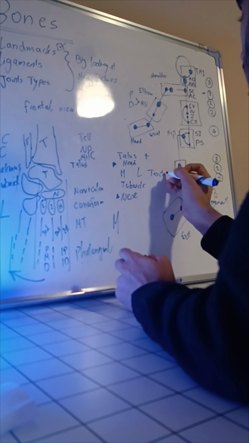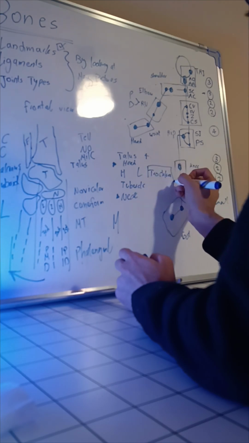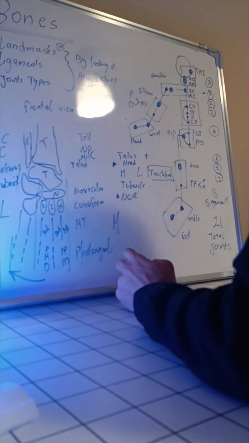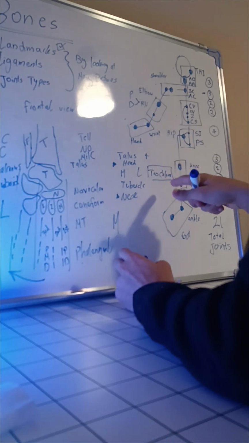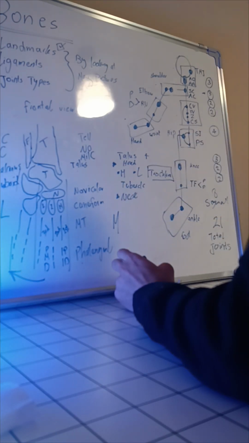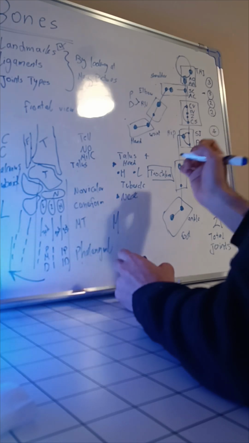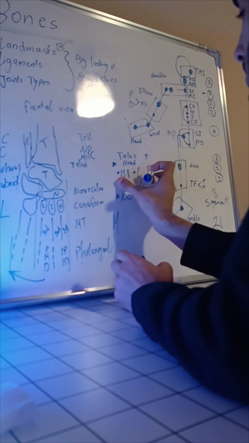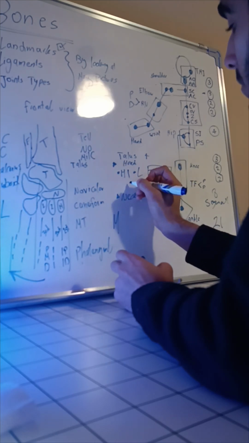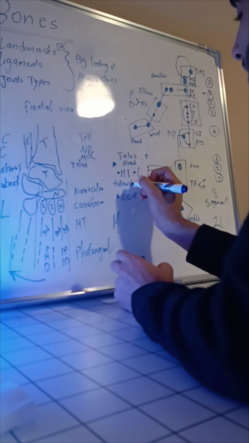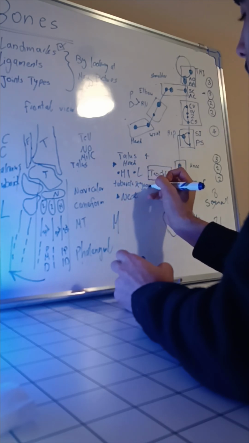The trochlear is the top part, and the head and the neck, and also we're going to have the medial and lateral tubercle, and also a groove in the middle for the tendon. So this is going to be tubercle and groove.